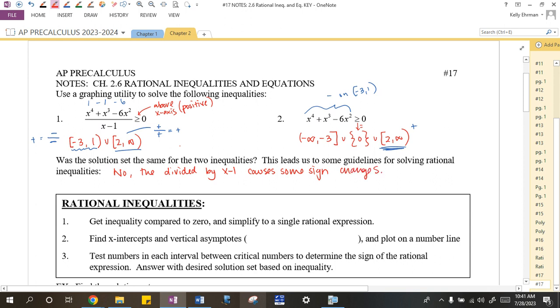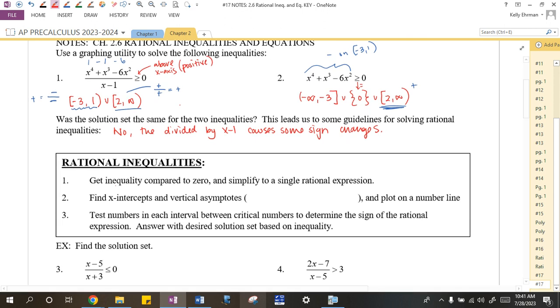That's kind of a poor way to explain that, but if you're comparing the numerators, when you divide by x minus 1, sometimes that makes you divide by a negative, and sometimes that turns things around, right? So because of that, what I'm trying to point out here is that if you're solving a rational inequality, you're absolutely not allowed to multiply an x or a variable or whatever, a denominator, over to the other side. You cannot clear the fractions.